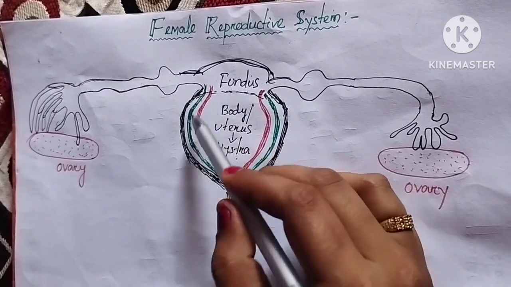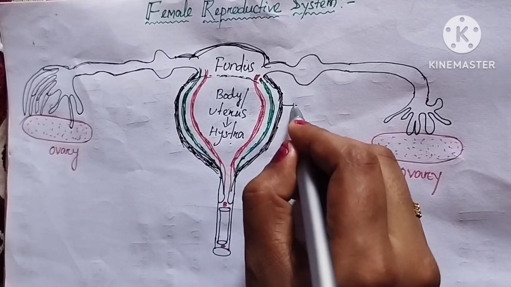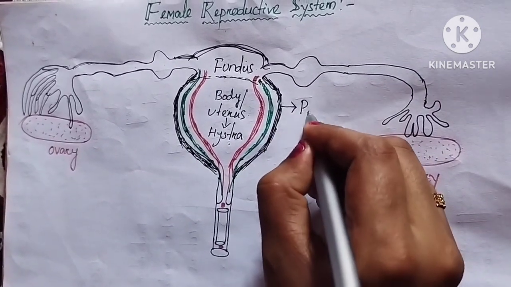The uterus contains three layers. The outer layer is called the perimetrium.